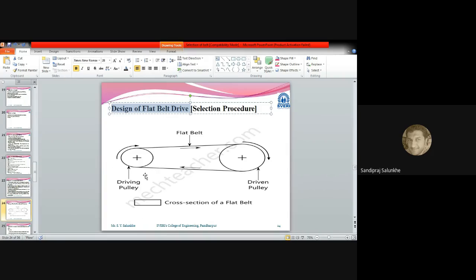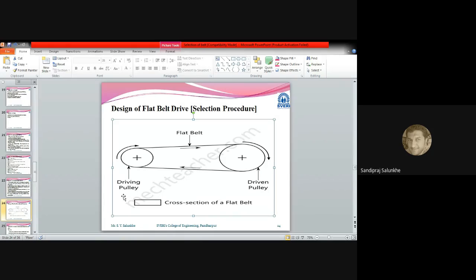Here this diagram is a very simple diagram which involves two different pulleys where you want to transmit power. One is called the driving pulley. Normally the diameter of the driving pulley is less. I'm saying normally because sometimes it may happen vice versa. But usually, 98% of the time, the diameter of the driving pulley is smaller than the diameter of the driven pulley.